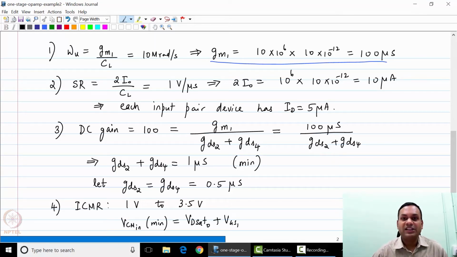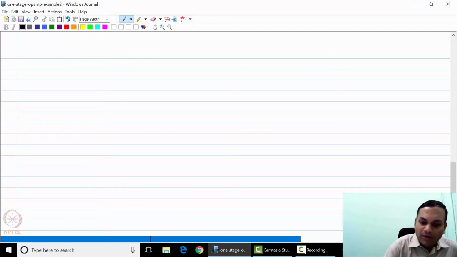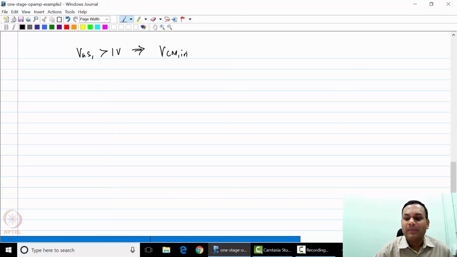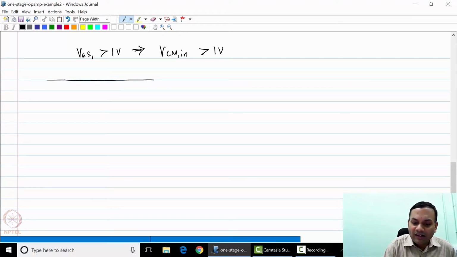Now clearly the threshold voltage of the device is already 1 volt. We now have a problem because VGS1 should already be larger than 1 volt. VGS in has to be larger than 1 volt for the op amp that we have seen so far.